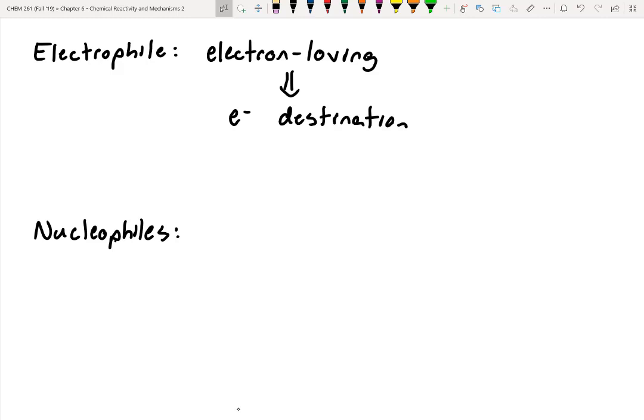So a nucleophile is something that is positive loving. So in this case, it's typically going to have what? It must have some sort of electrons that can be given to that positive charge, right? So this is typically your electron source.